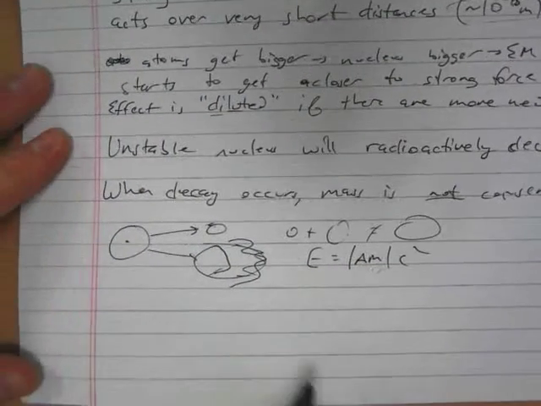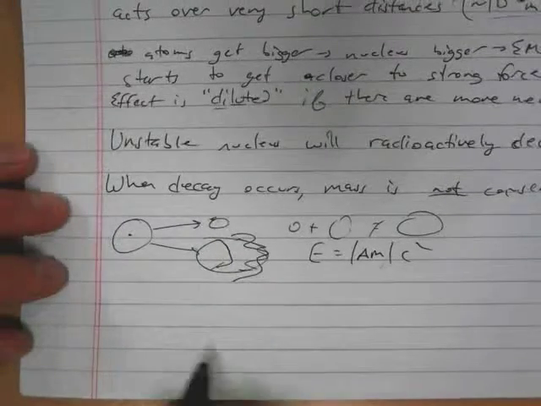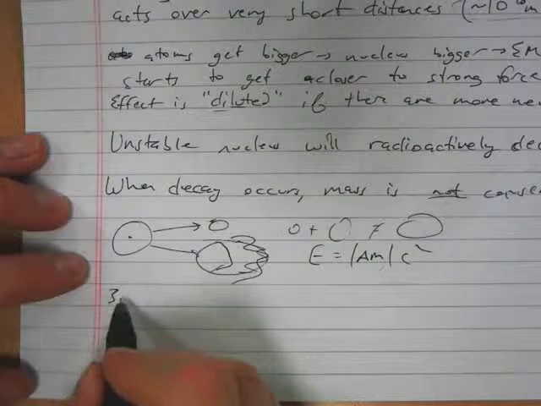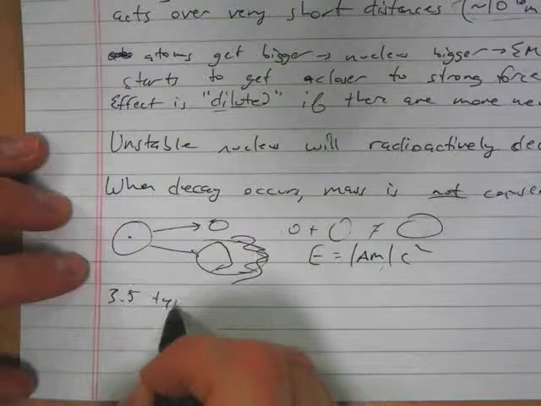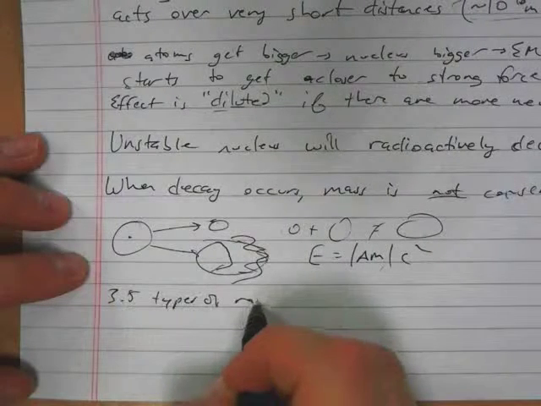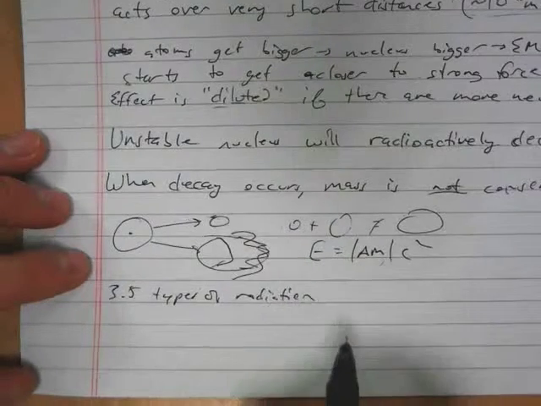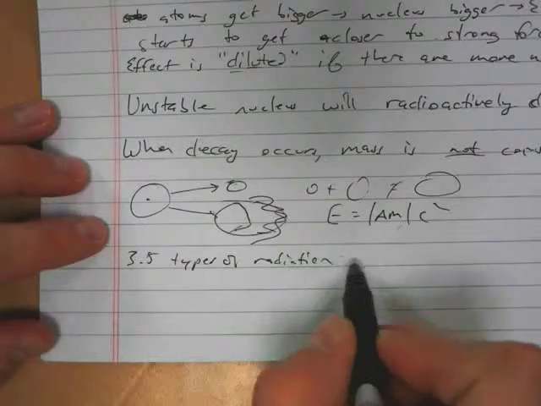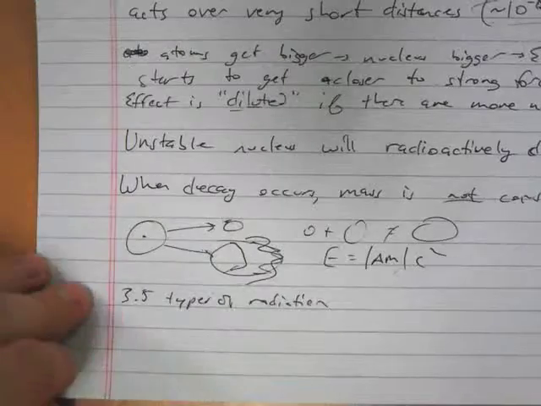There are kind of like 3.5 types of radiation, or types of particles that are given off. The first is what's called an alpha particle.